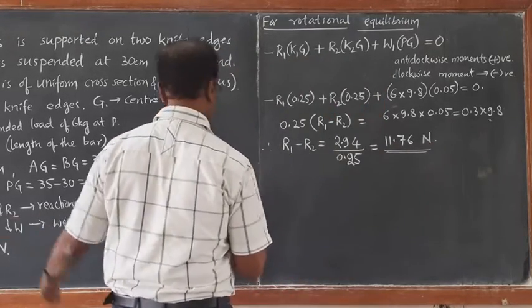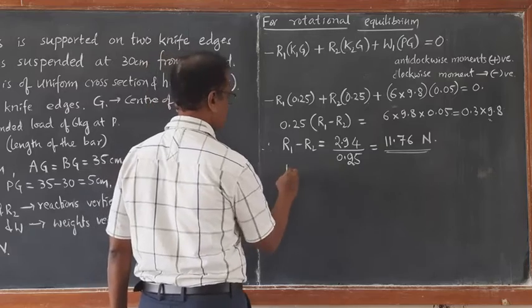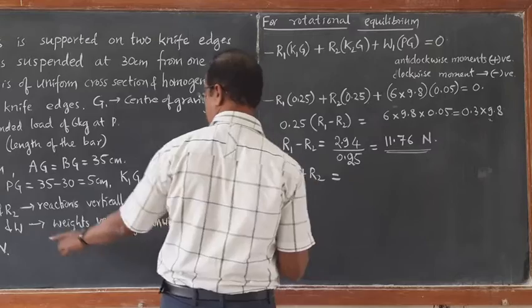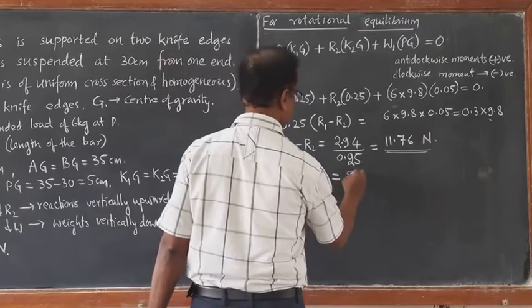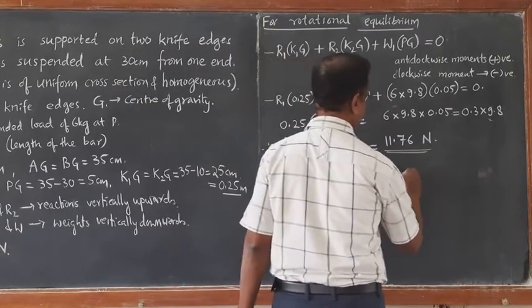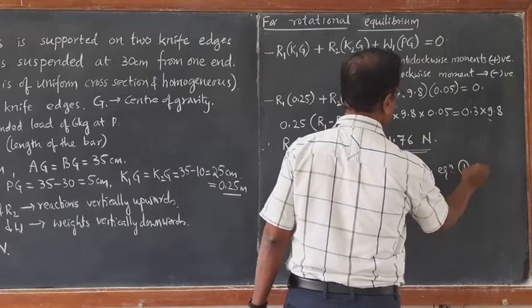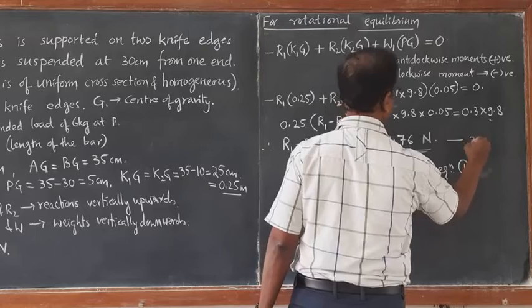And from equation 1, we got R1 plus R2 equal to 98 Newton. This you can call equation 2.